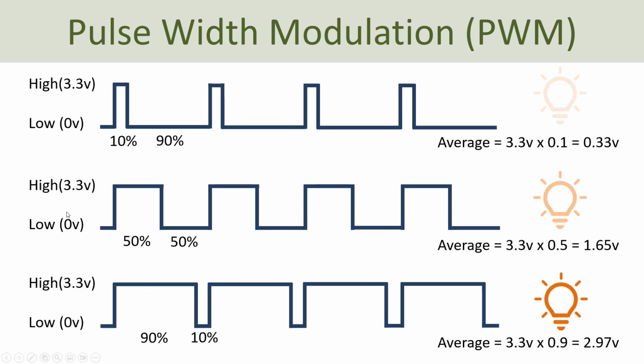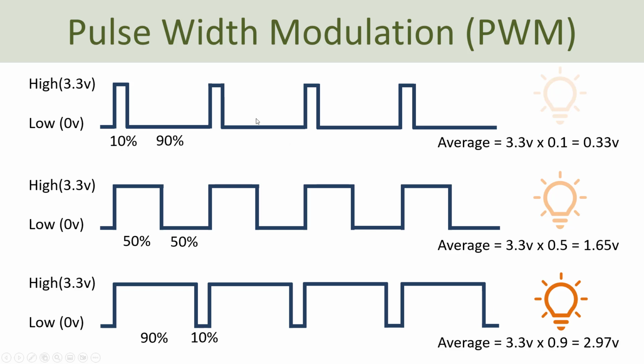In the middle we have 50% low and 50% high, and if you calculate the average we get 1.65 volts out of 3.3 volts, and then we get a higher brightness. And finally in this example we have 90% high and 10% low, and then the average becomes 2.97 volts, and then we get the highest brightness.